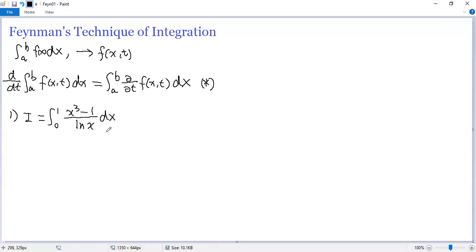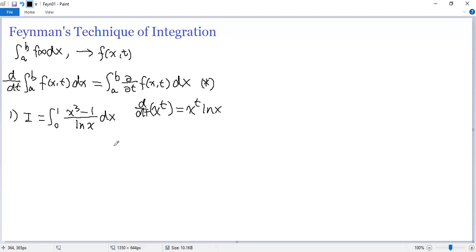If we can cancel the ln function, that would be much easier to integrate. But how can we create ln function? Exponential function, right? We know x to the power t, if viewed as a function of t, take derivative, we know it equals x to the power t ln x.